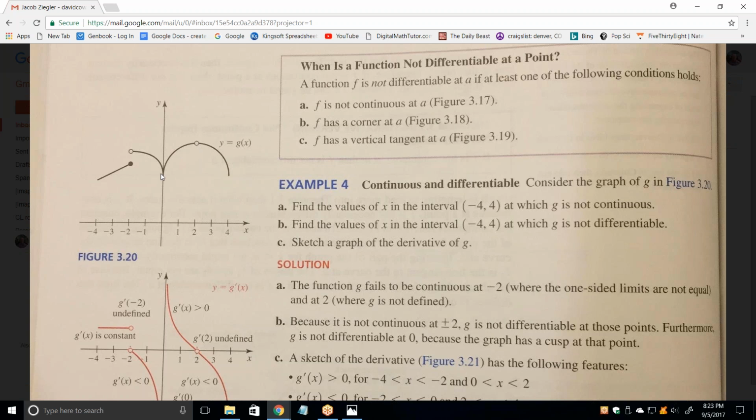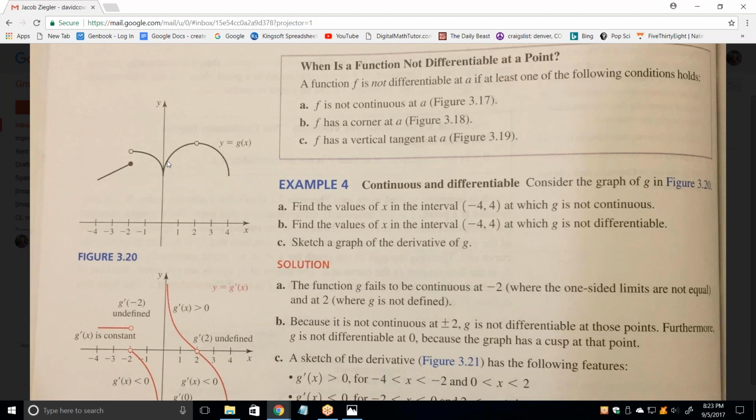And if I point to that point right there, that is a corner or a cusp, as they call it. So it's not differentiable there either. So there's lots of functions where it's not differentiable at certain points. And that's a key consideration with calculus, is to figure out whether something is differentiable throughout its entire domain.